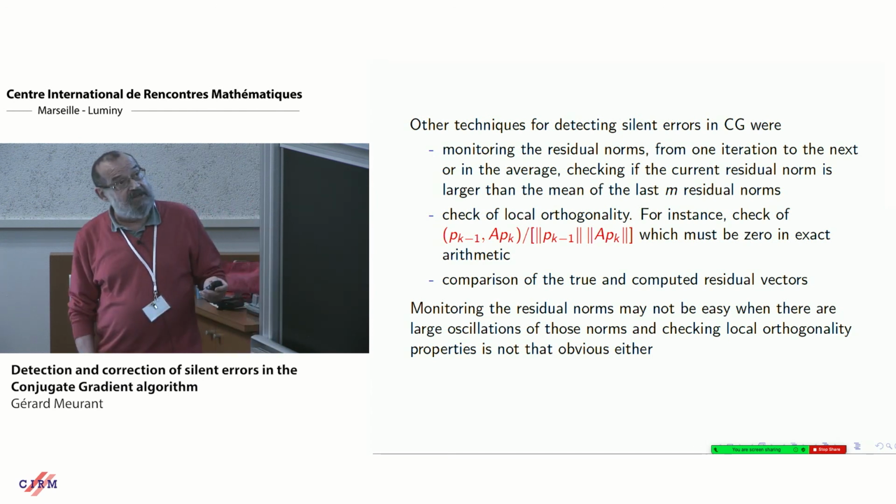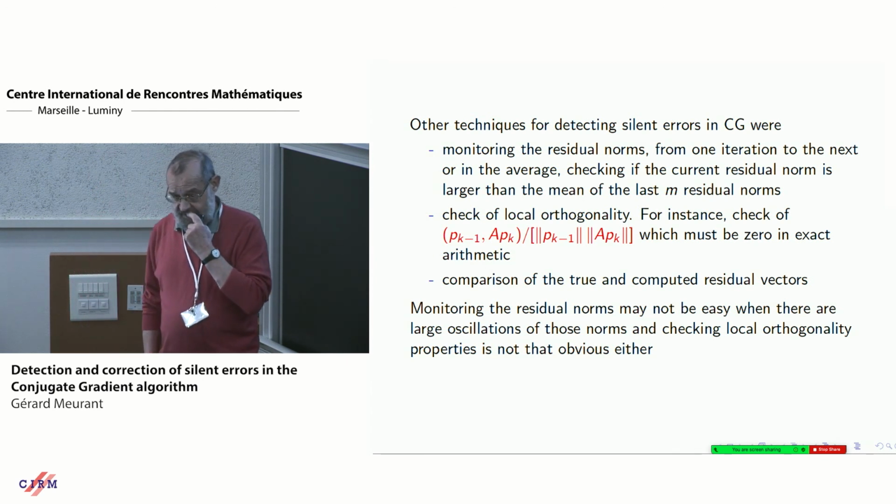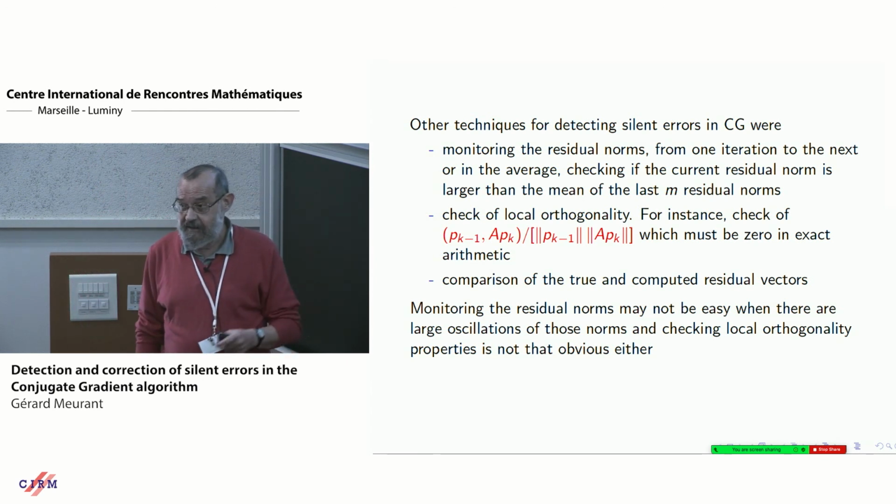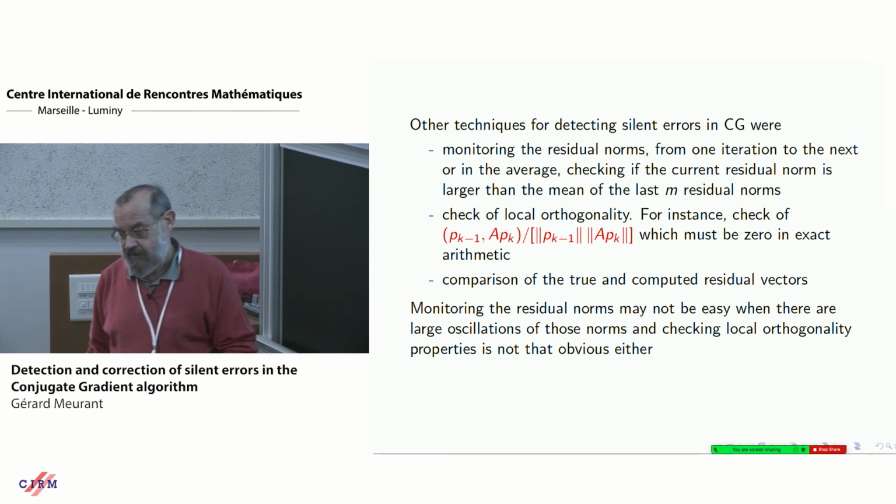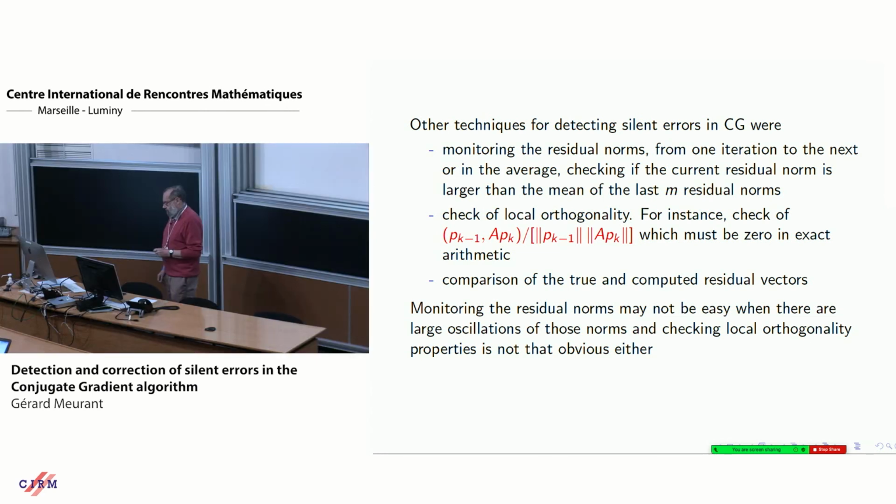And monitoring the residual norms may not be so easy because in some cases the residual norms in CG are very oscillating. So it's not really easy to monitor that something is going wrong. I was reading some papers about this kind of proposal for detecting errors in CG and said, well, maybe eventually we can do something else.